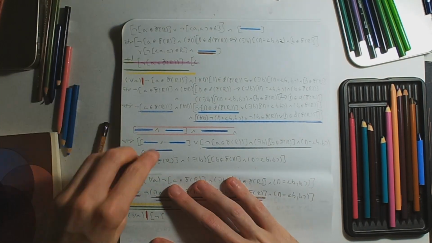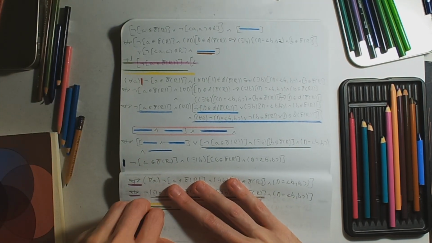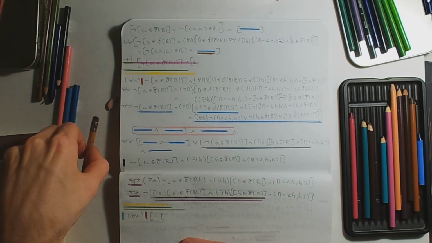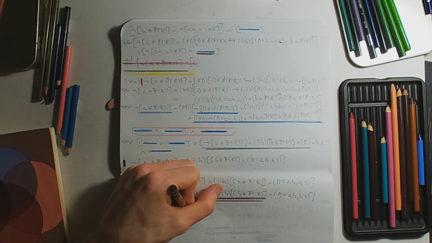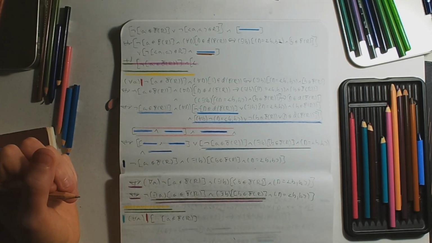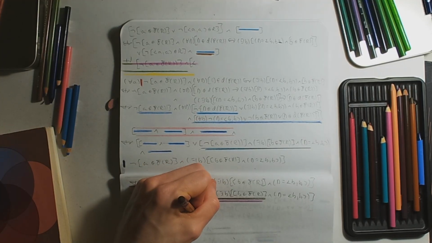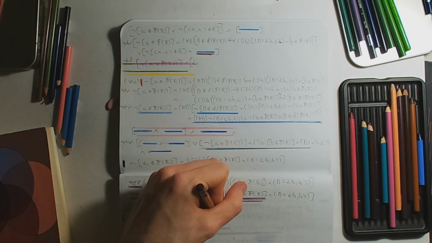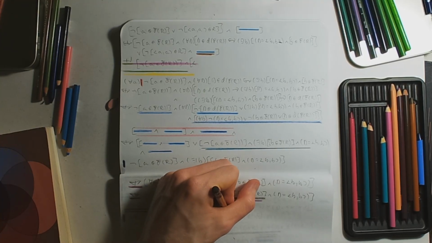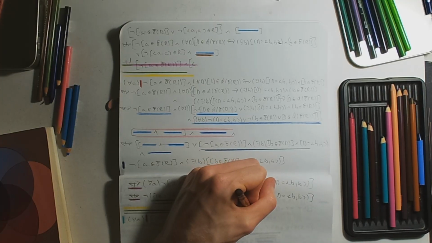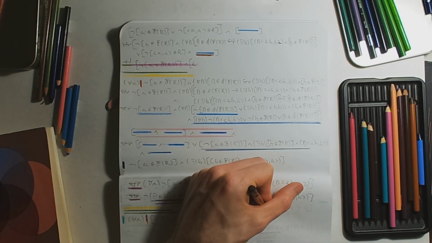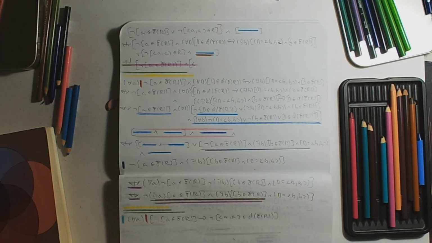No, we don't need the negation here. A is an element of the field of R. Okay, then not repair A is an element of the identity of the field of R. Okay.